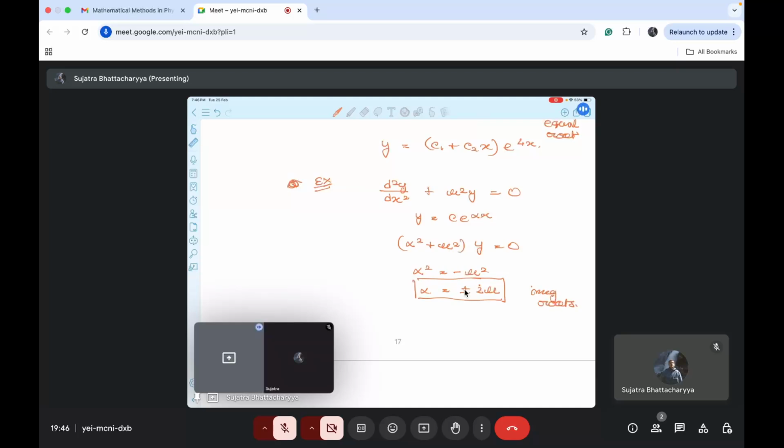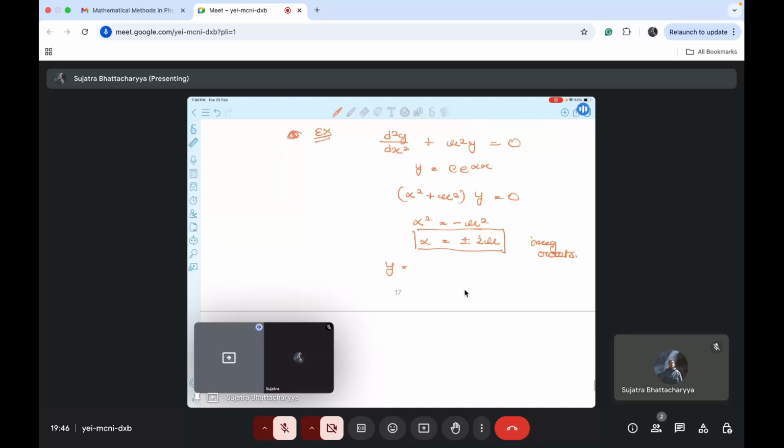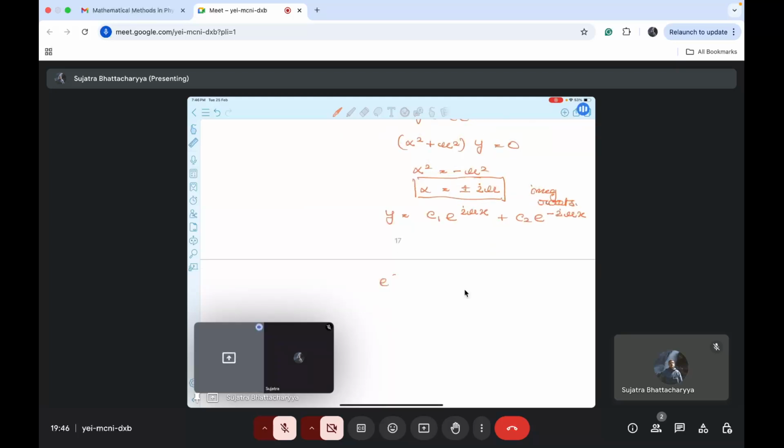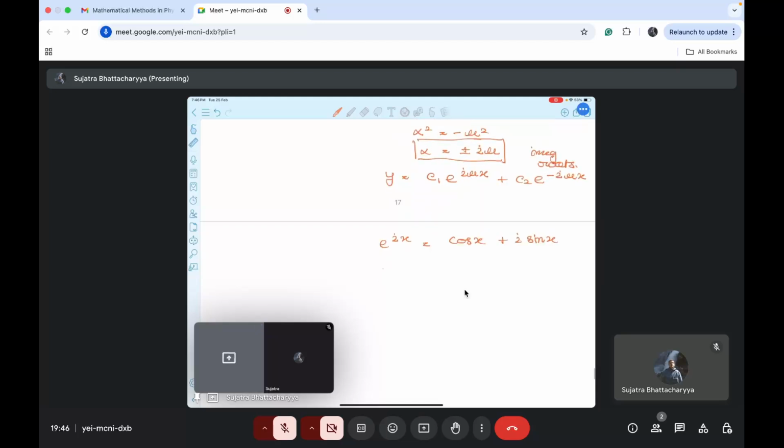Then what to do? Simple. Just write y is equal to c1 e to the power iota mu x plus c2 e to the power minus iota mu x. Okay. Now e to the power iota x can be written as what? Cos x plus iota sin x. We all know this. So e to the power iota mu x can be written as cos of mu x plus iota sin of mu x.